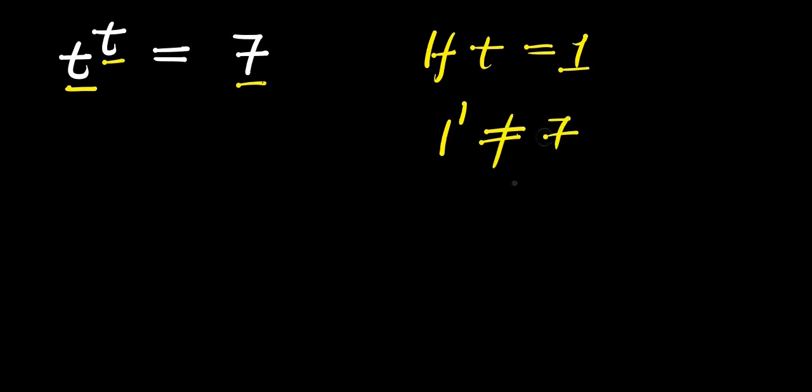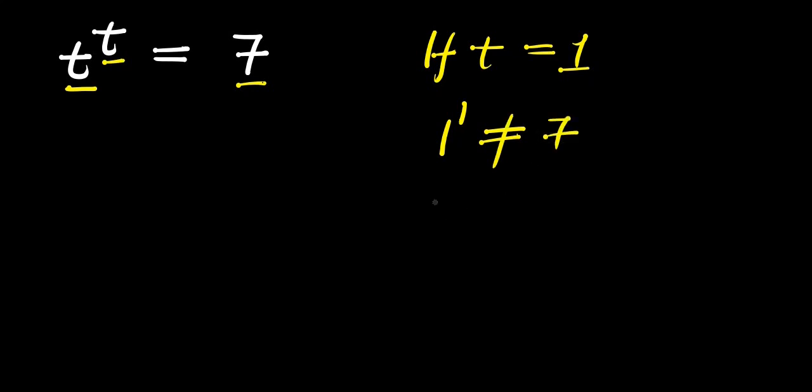For instance, if t equals 1, maybe you just want to test. If you substitute 1 for t, you are going to have 1 to the power of 1, and this is not equal to 7.